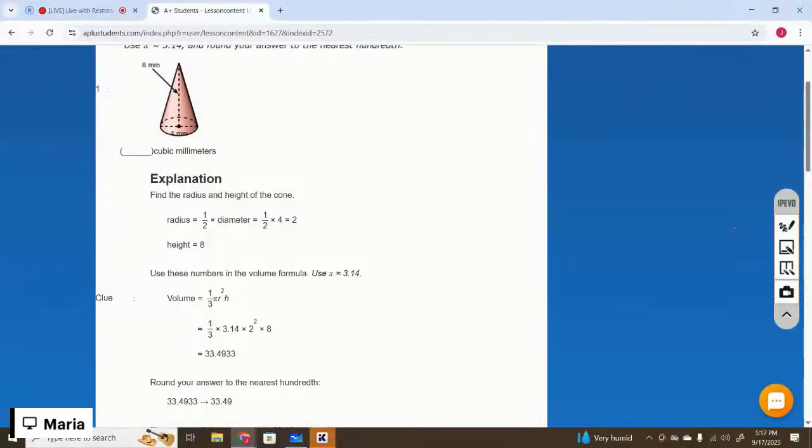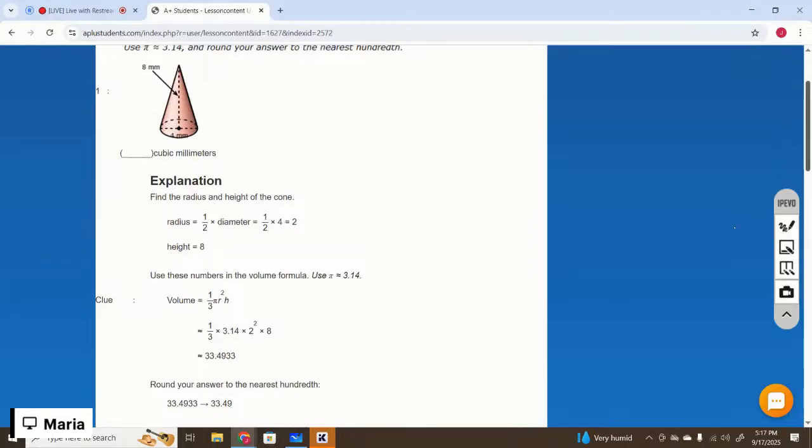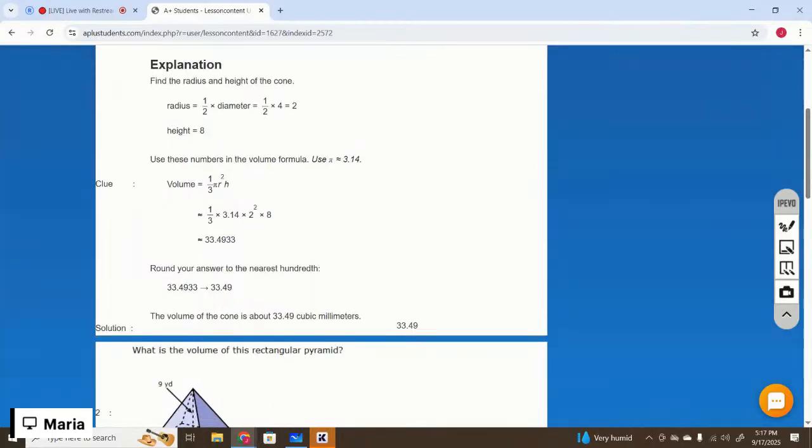So the radius is half times diameter and height equals 8. We need to calculate the volume, that is 1 by 3 pi r square h. That is the volume of the cone. Volume of the cone is 1 by 3 times pi r square h, right?